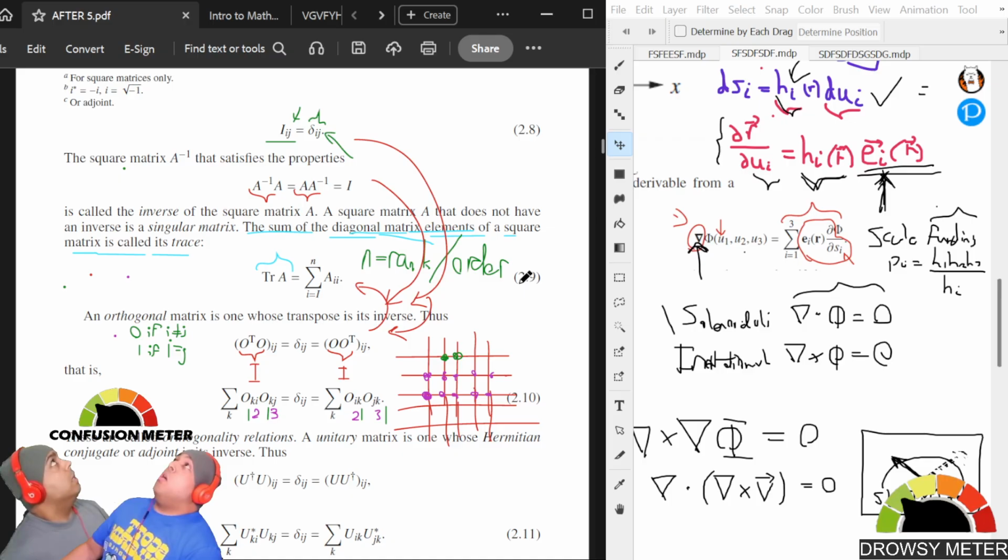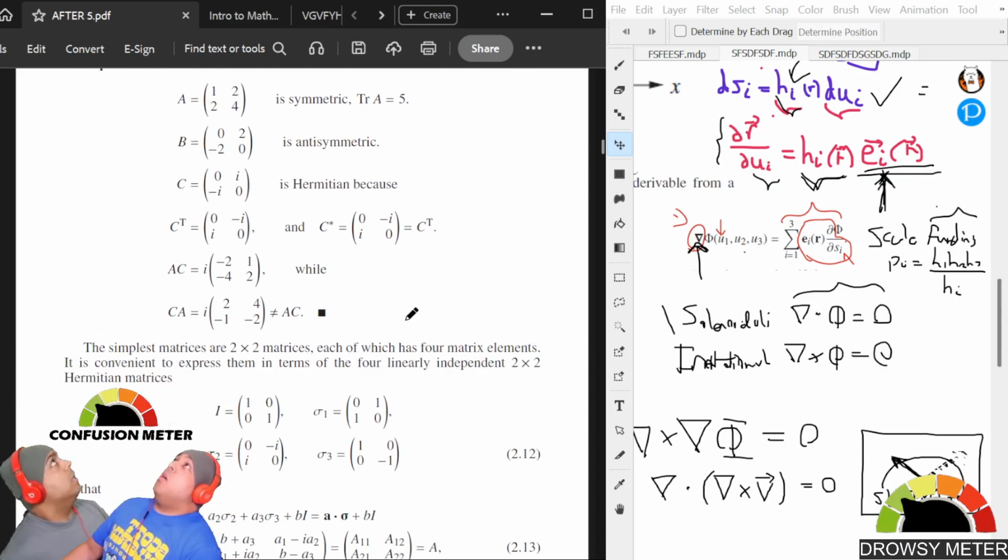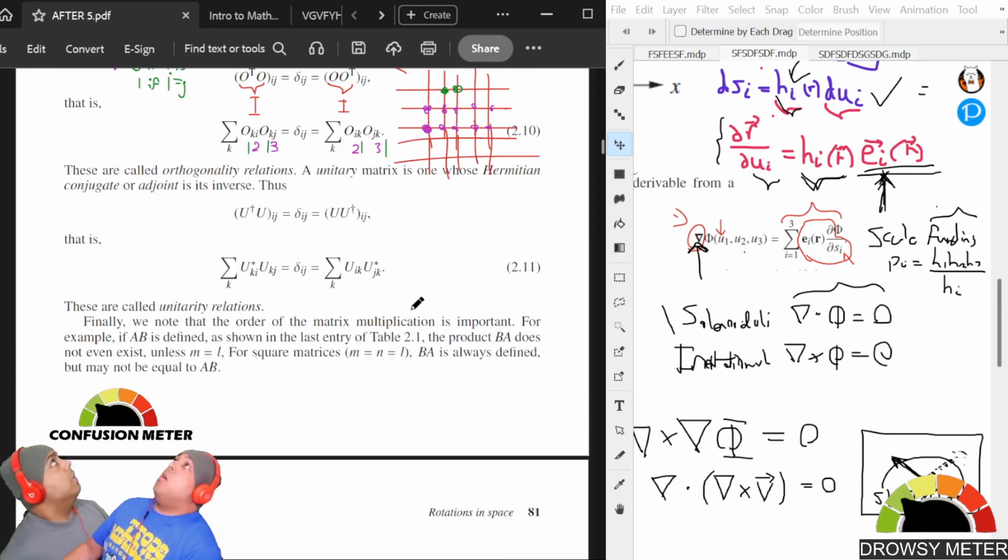Why is that equal? I guess that's the property of an orthogonal matrix: the transpose is the inverse. I guess what I want to see is what an inverse looks like, and that'll maybe make things more clear.